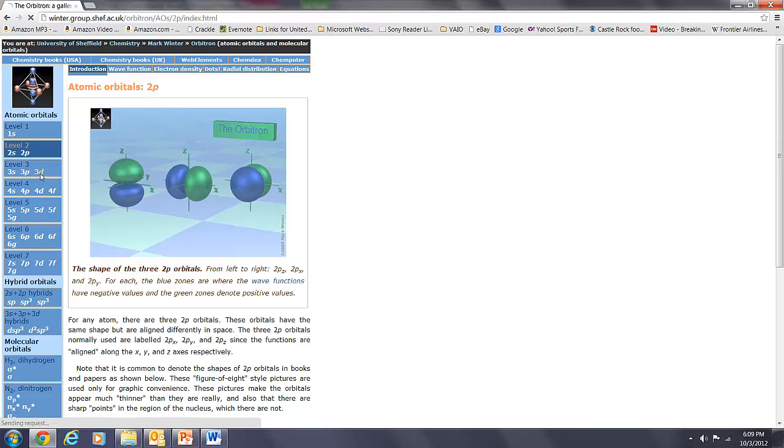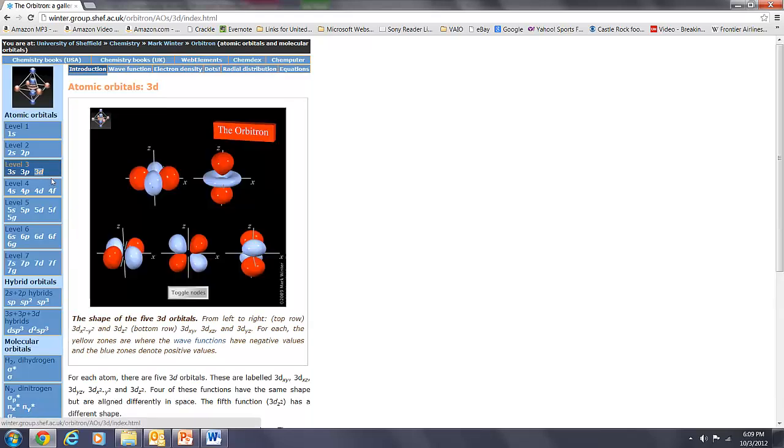Okay, the D's. Don't try to draw these. Again, this isn't like balloons existing in there. This is just the region where there's going to be the highest probability. But what do I need you to know about D's? I want you to know that there are 1, 2, 3, 4, 5 D orbitals. So don't worry about drawing the shape. The number of orbitals is more important.